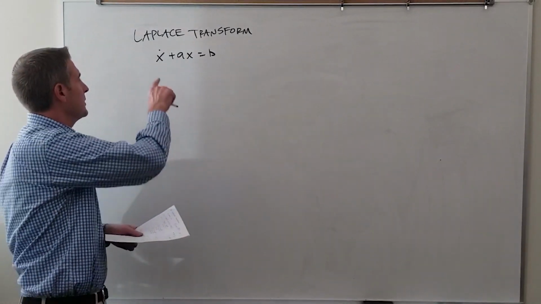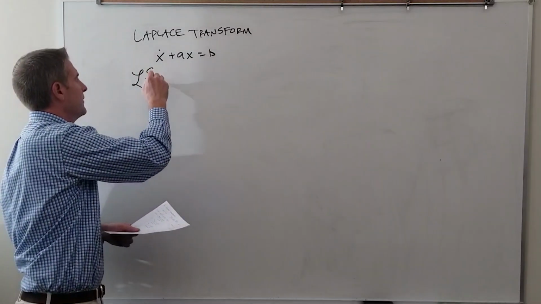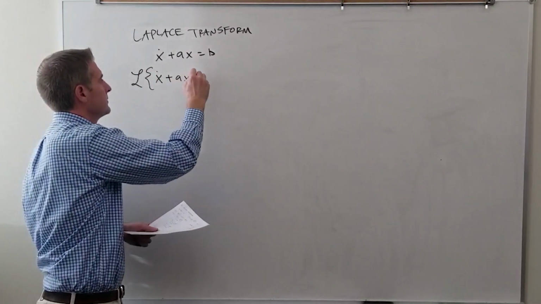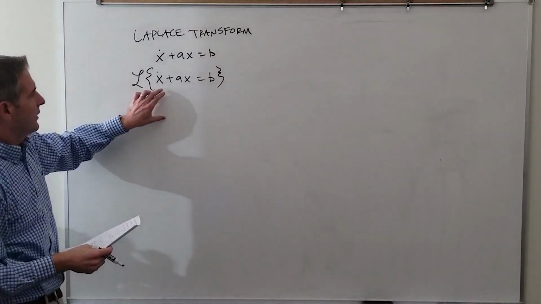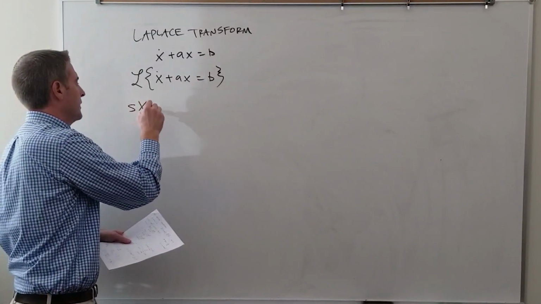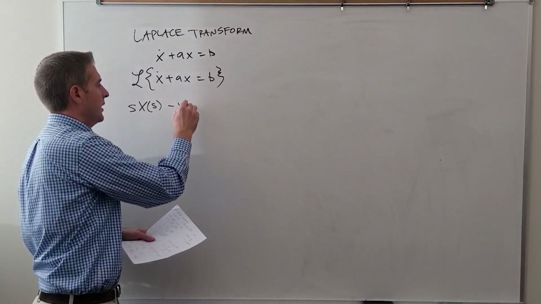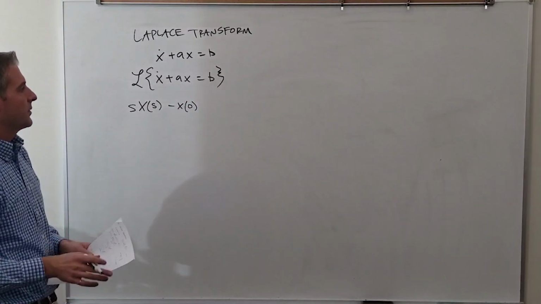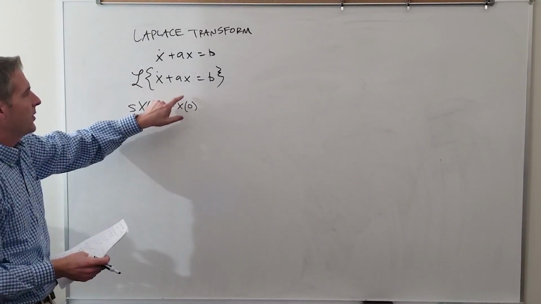So if you recall, we talked about how we take the Laplace transform of this particular function right here, and taking it of the first x dot, we had sX(s) minus x0. And of course, this means the initial conditions for when time equals 0 for this x value.